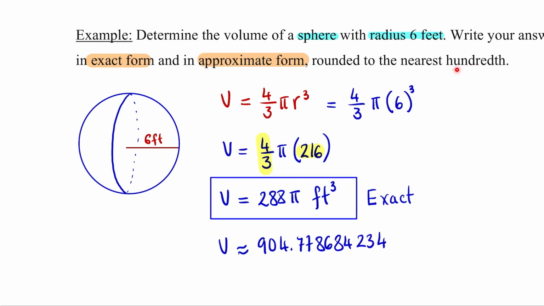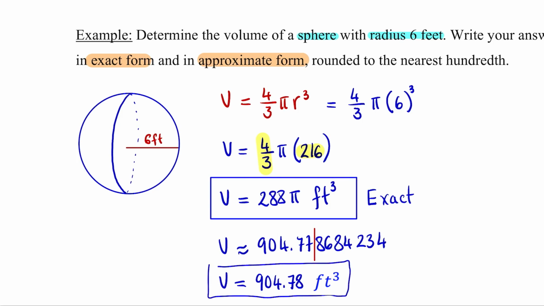The question is asking me to round to the nearest hundredth, which is 2 decimal places. This is 8, so I round up to 904.78. The unit is cubic feet, and this is my approximation answer.